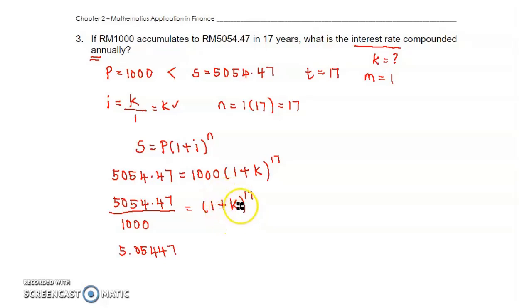And now we want to find K, right? But now the power of 17 belongs to (1 plus K). Okay, so bring the power of 17 to the left-hand side first. So the power of 17, if you bring it to the left-hand side, becomes the 17th root.